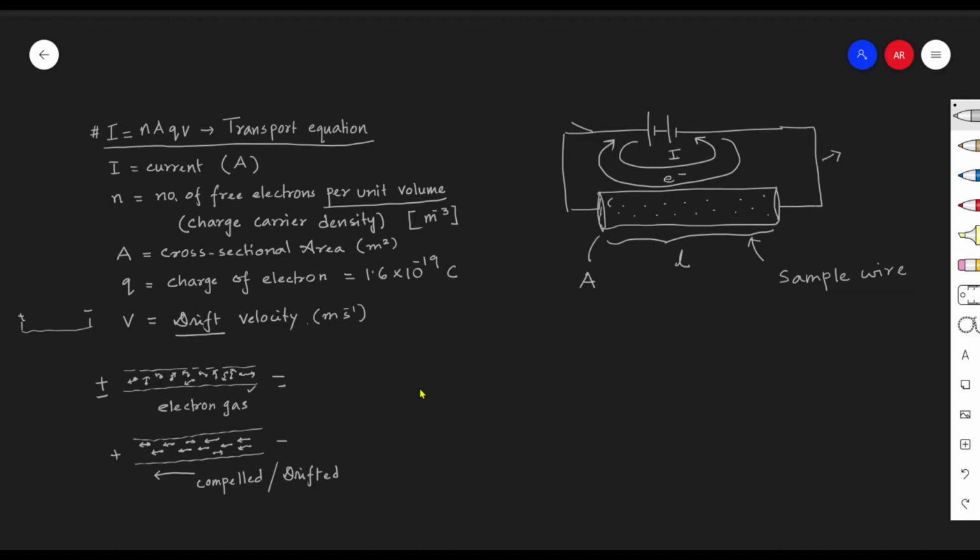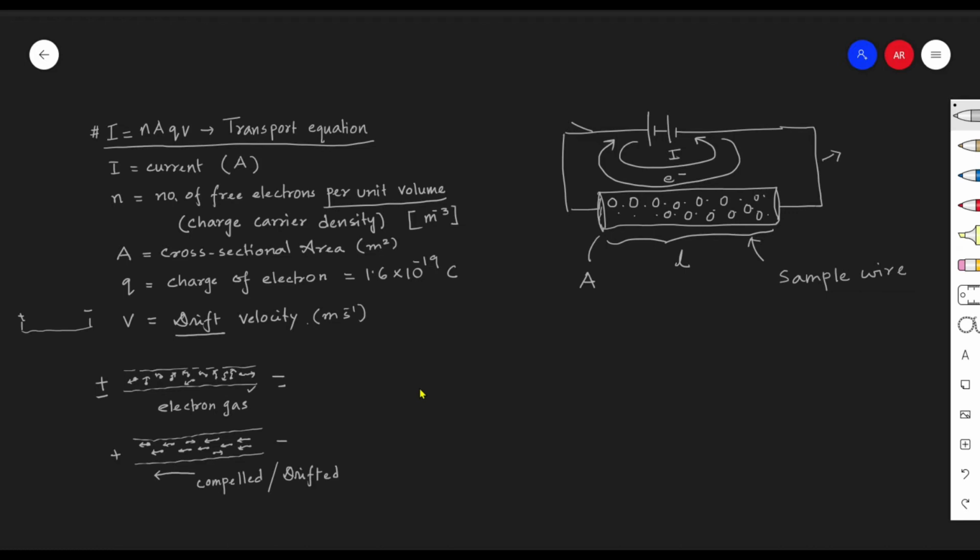There are ions as well. These bigger ones are ions. So the atoms lose their electrons and become ions. These are the ions, and the small specks are electrons. They are moving from the negative end to the positive end.